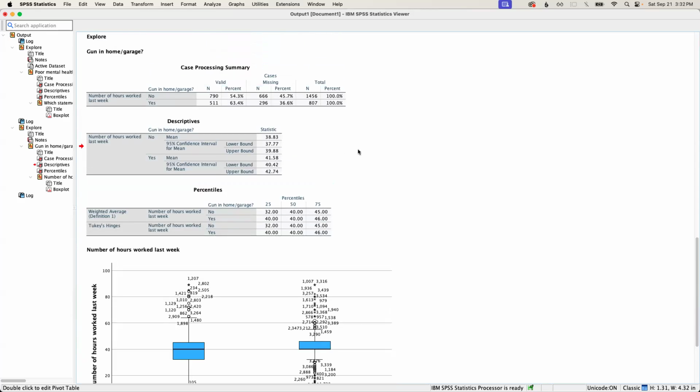And then is it causal? If I'm arguing that it's significant and substantive, then I need to think about whether there is a relationship. Could it be that owning a gun in your home means you work more hours? I'm not sure that I can think of a link between them and why it would vary in that way.